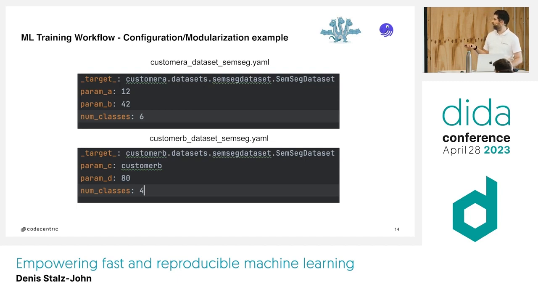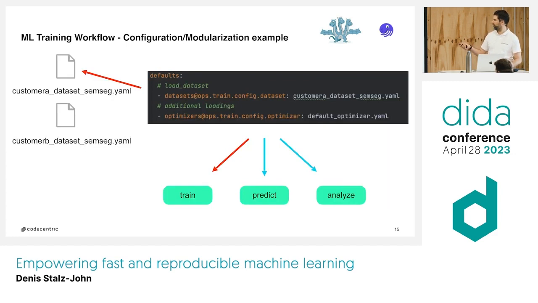Next, I have a main configuration file, which is used to start the training. Hydra has a special keyword, defaults, and it works like import statements. So what I put here is a list of imports of other YAML files.